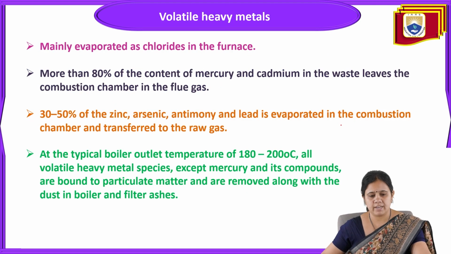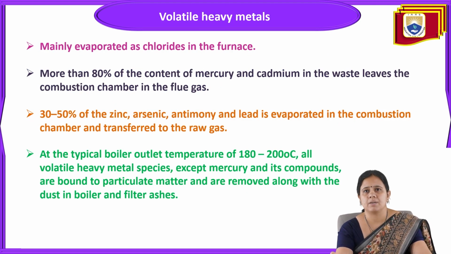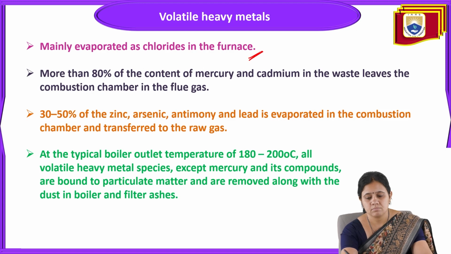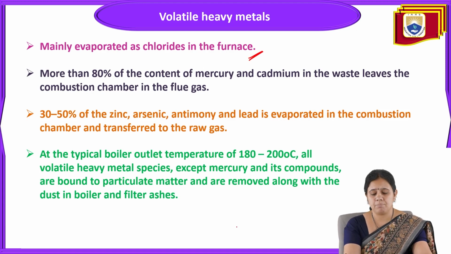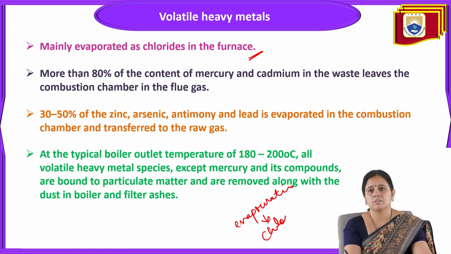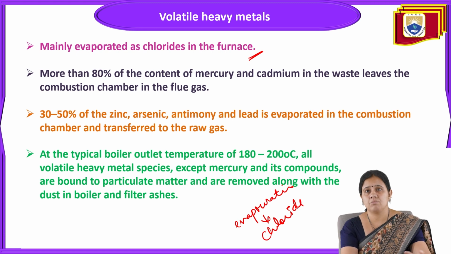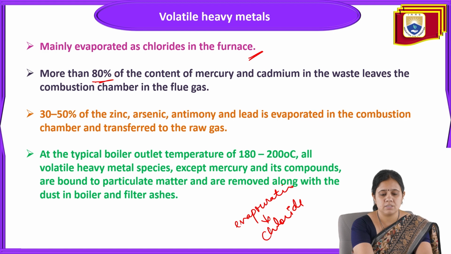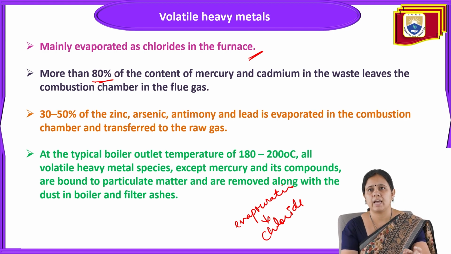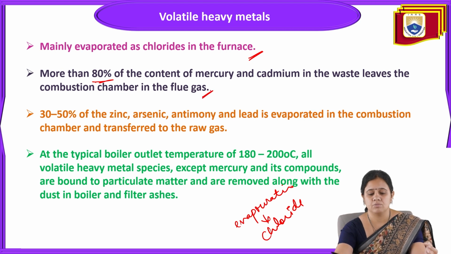Now comes the next point, volatile heavy metals. Volatile heavy metals are those metals that mainly evaporate as chlorides in the furnace. More than 80% of the mercury and cadmium in the solid waste leaves the combustion chamber in the flue gas.